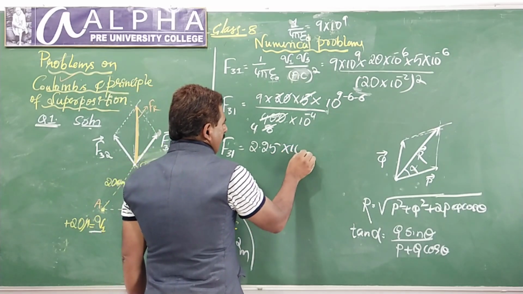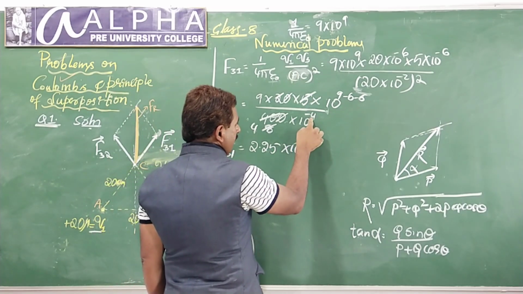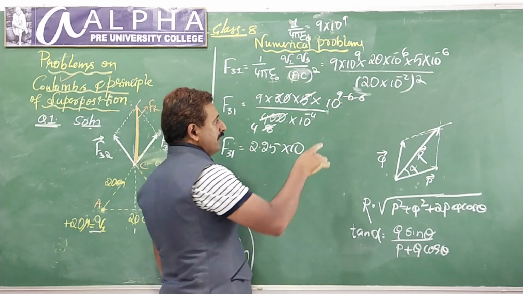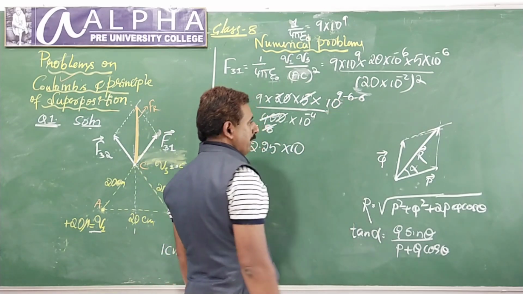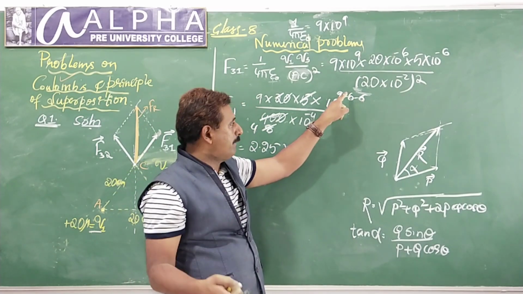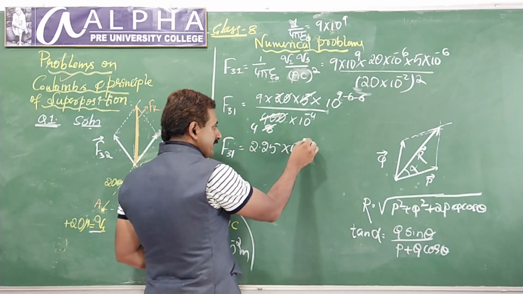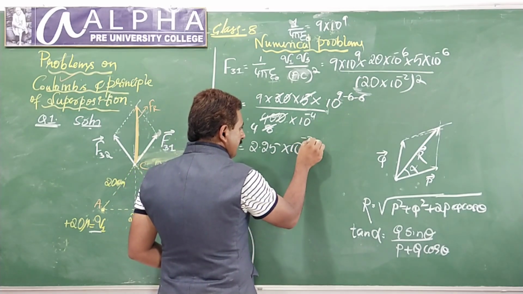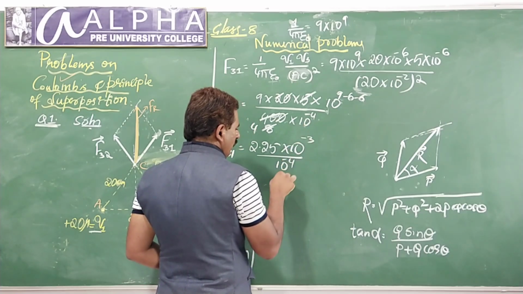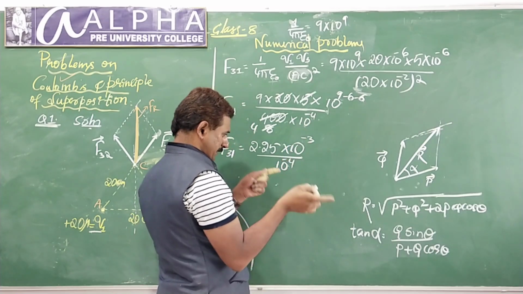Into 10 raised to the power, here see 9 minus 6 minus 6, minus 3. Or else you can do this way. Minus 6 minus 6 minus 12. Minus 12 plus 9 is minus 3. And in the denominator, the power is 10 power minus 4. Comes to numerator, becomes plus 4.